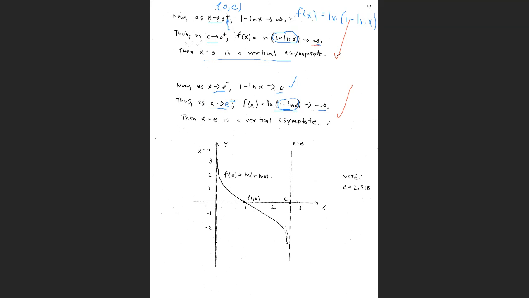Now we put all this information together, and we can graph our very interesting function. So I put, of course, the point 1, 0 on the graph.